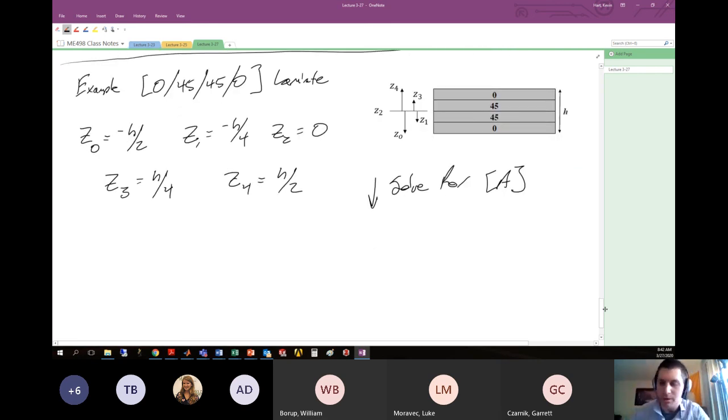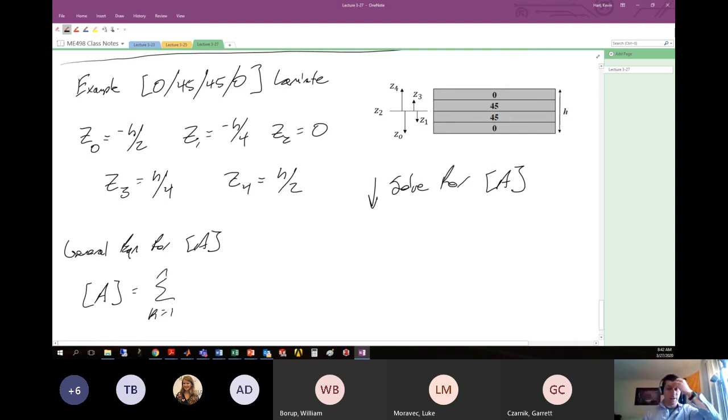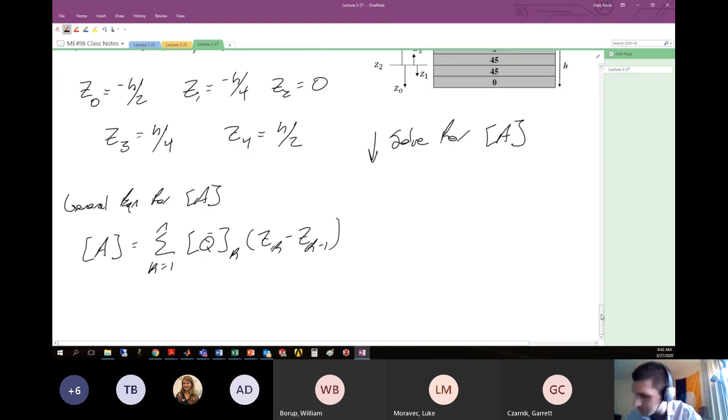The general equation for A, like we laid out before, is that the matrix A is the summation for K equals 1 to N. Here it's going to be 4 layers, so we have N equal to 4, of our Q bar K multiplied by ZK minus ZK minus 1. All right, this is our general equation.